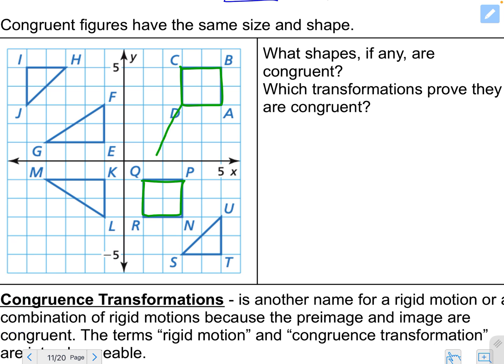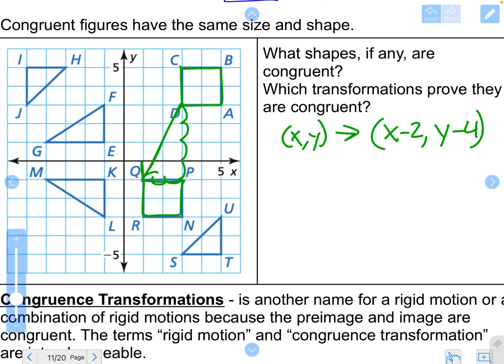If I map ABCD onto NQR, whatever that shape is, we went down 1, 2, 3, 4 and to the left 2. So that would be a transformation of (x, y) going to x minus 2 and y minus 4. And so that works. So we know they are congruent shapes.